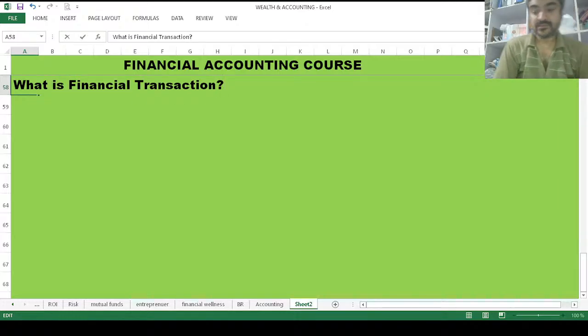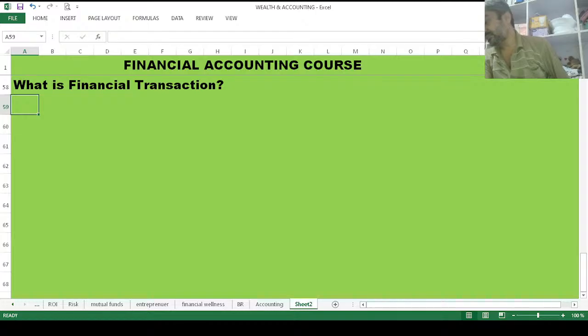Now, why this definition is important for us to know and understand is that in financial accounting, what we do, we always record every financial transaction in our books of accounts. So we must understand first what actually the financial transaction is.